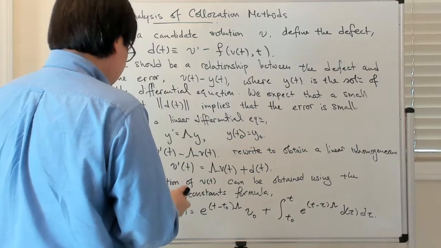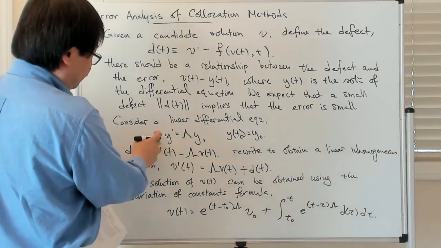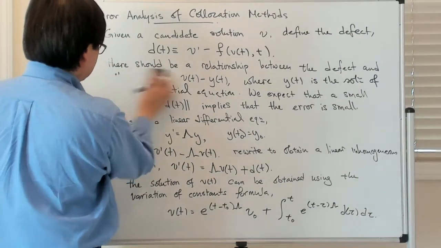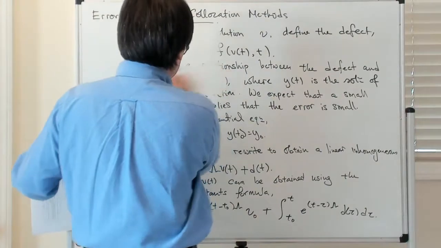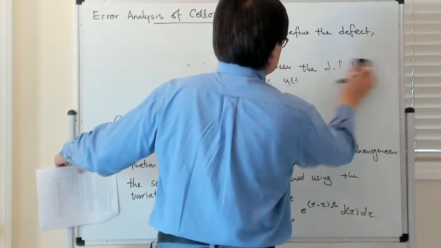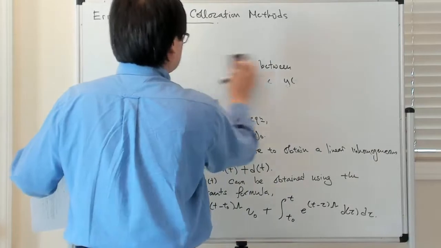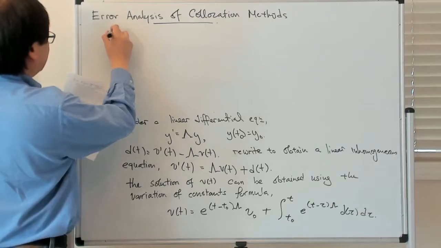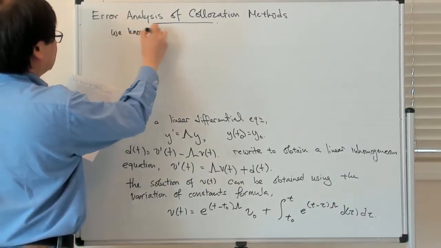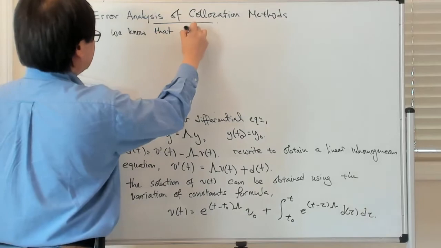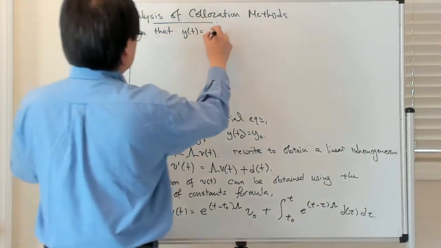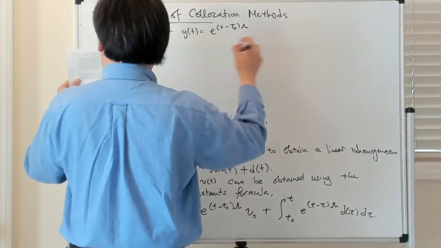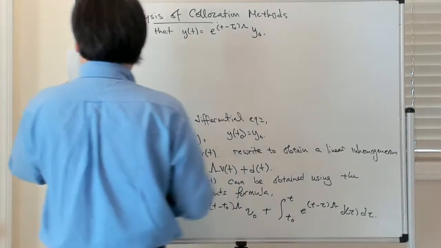And of course, you know what the solution of the original differential equation is. So let's write down the exact solution. We know that y of t is equal to e to the (t minus t0) lambda acting on y0.